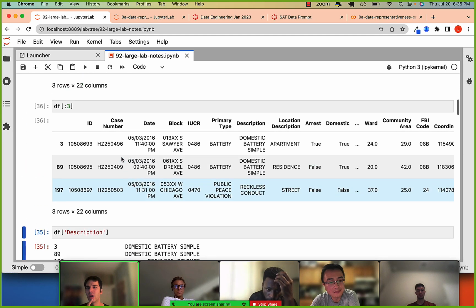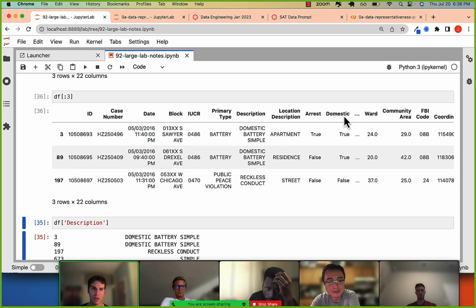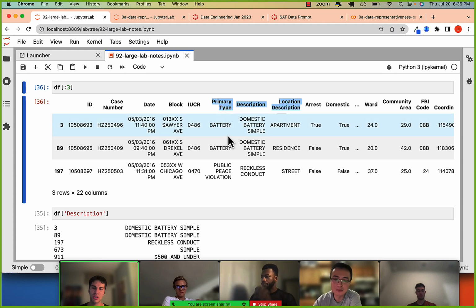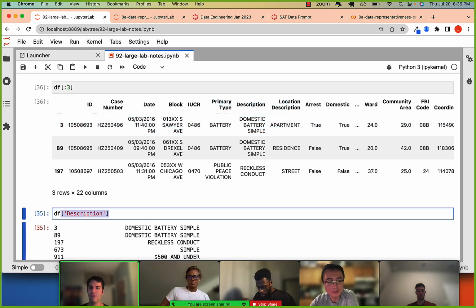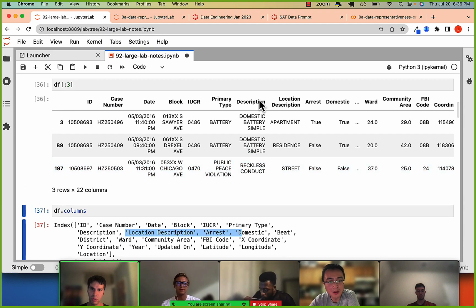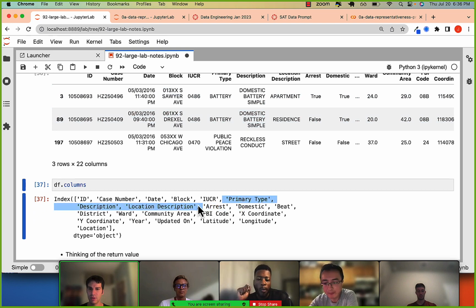All right. So, like I said, just keep in mind what you're working with. From there, value counts used to only work on a series, but now I think it works on multiple attributes at once. Oftentimes what I'll do, by the way, to quickly get some columns is I'll do df.columns, and then literally copy the ones that I think are interesting. So description, location, description, and primary type all seem kind of interesting.